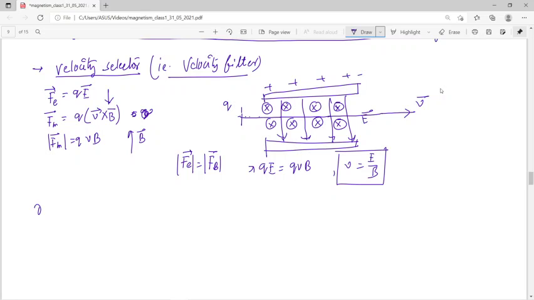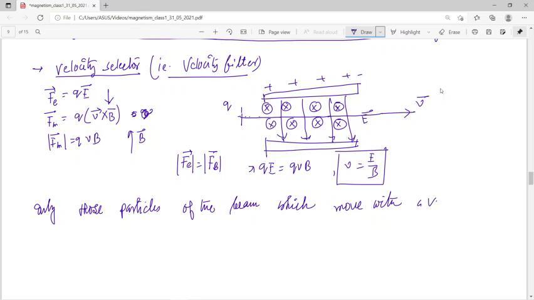The main observations: only those particles of the beam which move with velocity v equals E by B will pass through the slit.